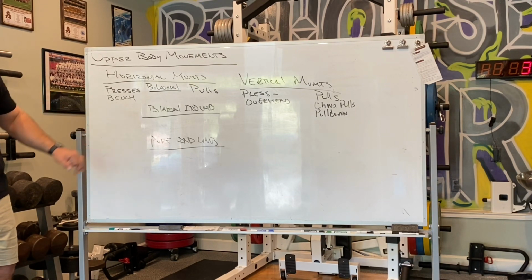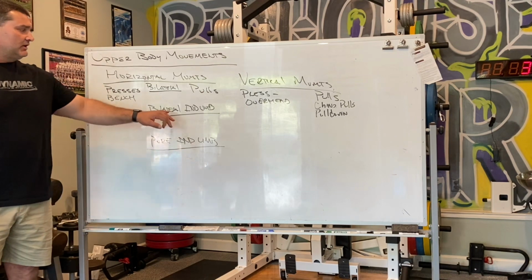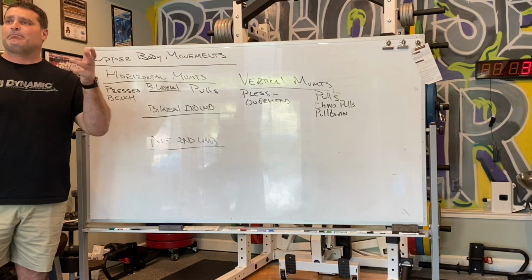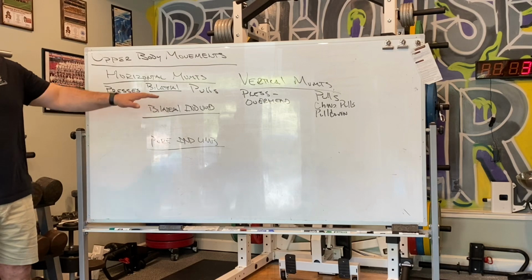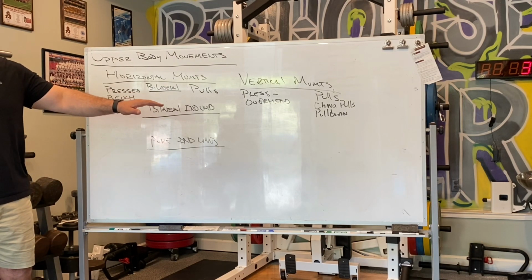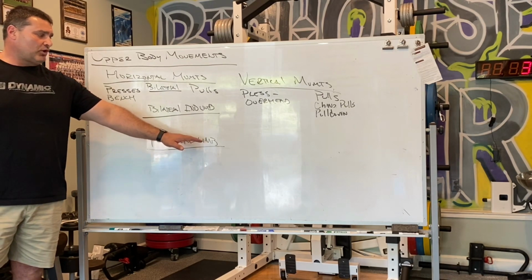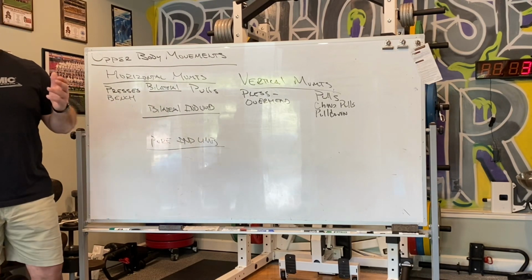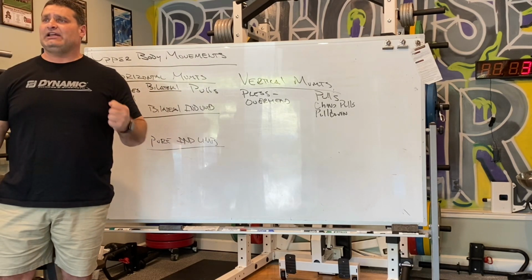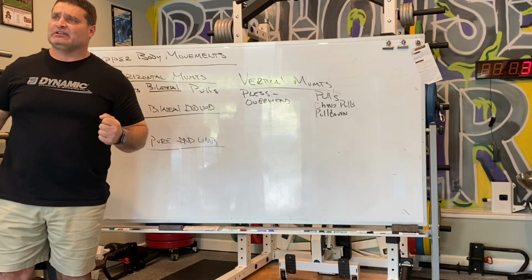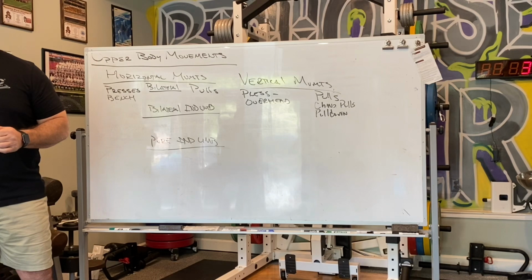Then you will work on different hand positionings with the kettlebell, bell down, bell up. So there are numerous ways you're going to increase your package for the exercise pool. Then you have your pure independent limb work, and again, that is where the load is in one particular limb, and then the opposite limb is used for bracing.